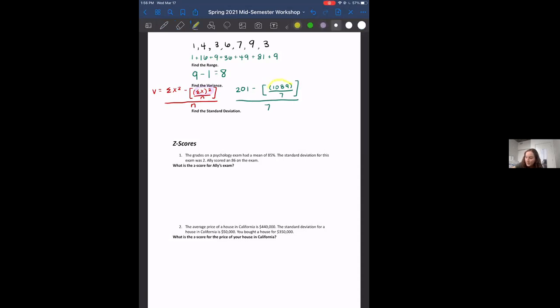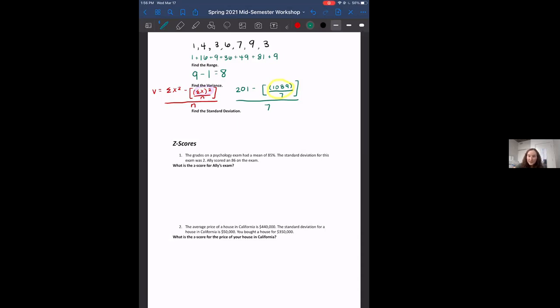So what is this part right here? So it's just 1089 divided by 7.